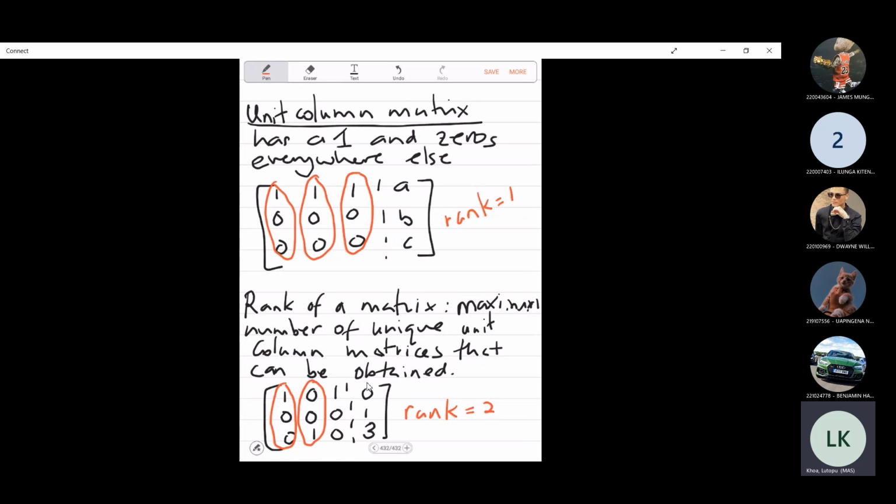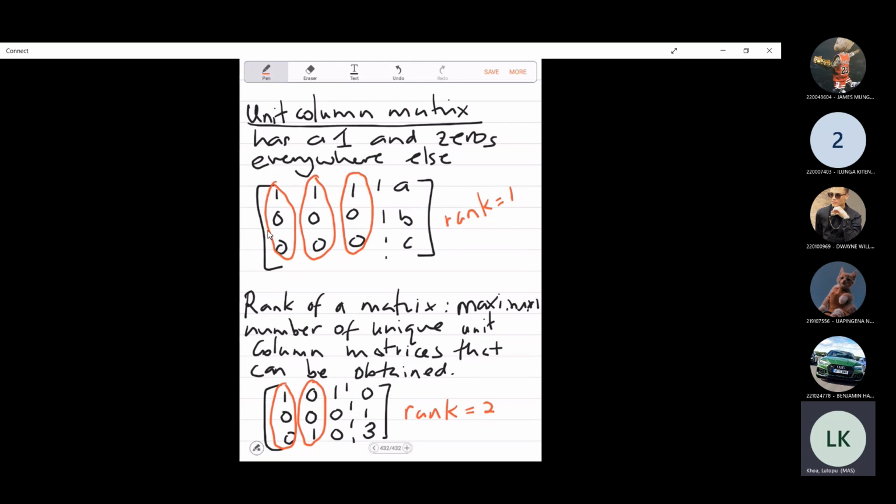Okay, then from the rank of the matrix, we have what is called the basis of the matrix. And the basis of the matrix is just a set of those variables that give you the unit column matrix.